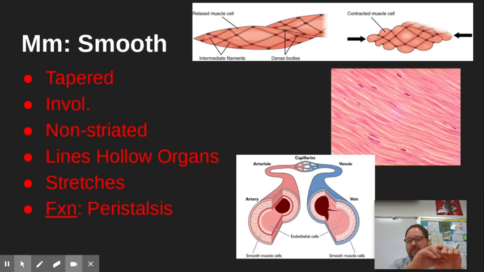Basically, something passes through it, it stretches, and that stimulates a contraction. Then something passes a little further, it stretches, stimulates contraction. So you can push things through these organs. So smooth muscle, again, it's non-striated, it's involuntary, it's got a tapered shape. Oh, and they're uninucleate. They have just one nucleus.